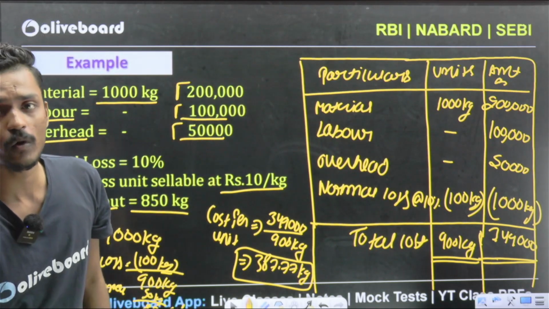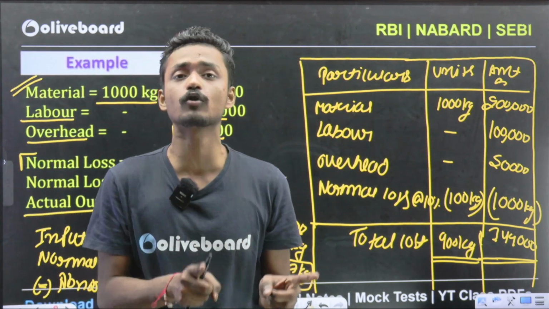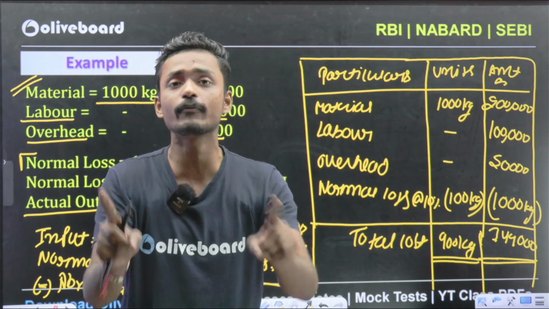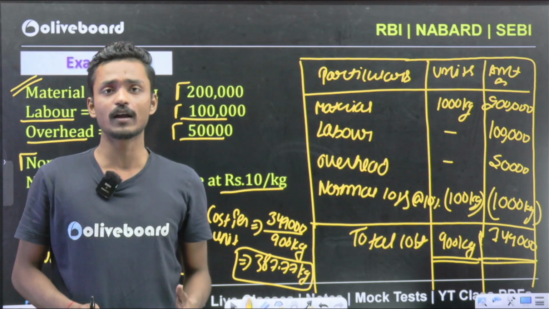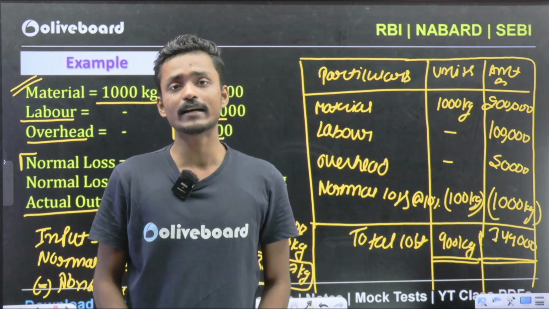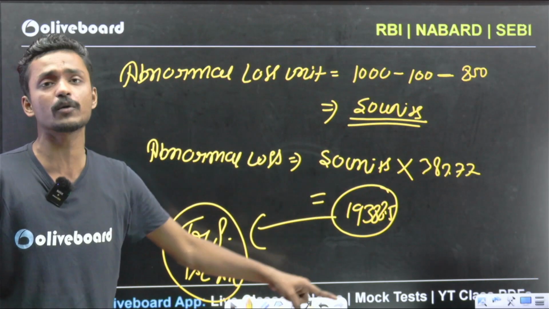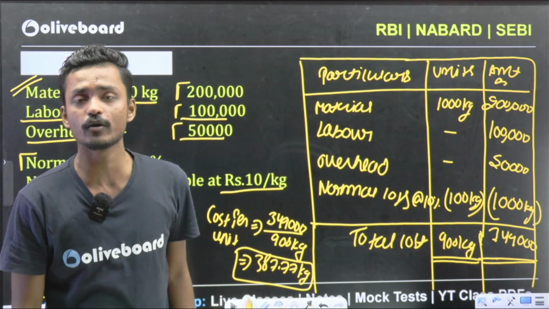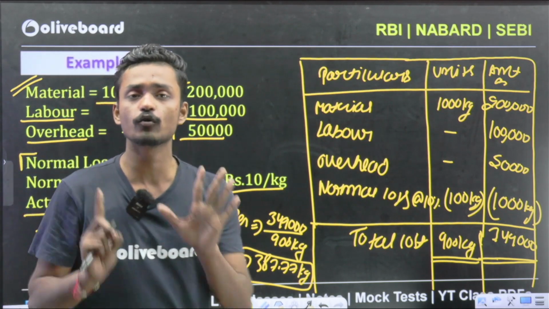Now you are recovering 410 from the customer instead of 387, after incorporating the abnormal loss unit. That is not fair. That is an injustice, because it's your mistake, or some unusual circumstances that you could protect against but were not able to. So that's why all the abnormal loss we have to transfer to the costing P&L. We cannot add it here, or increase our cost per unit. We will only charge that amount, not 410 rupees. I hope right now you are able to understand.